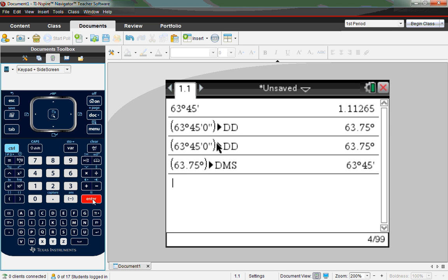For your homework from 36 through 92, we're taking it from decimals to degrees, minutes, and seconds. Sarah, do you understand that now? Okay, are we all good?